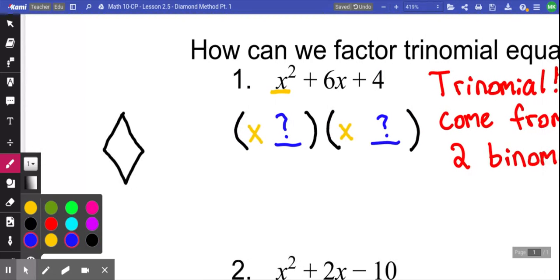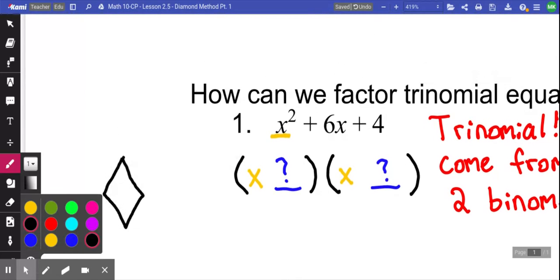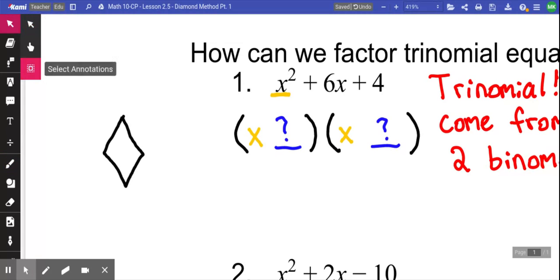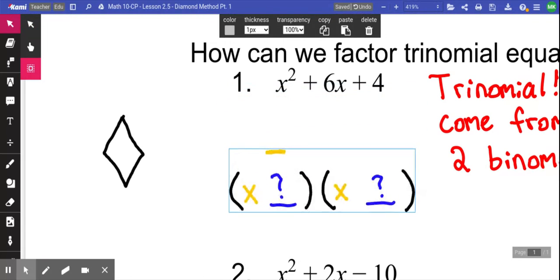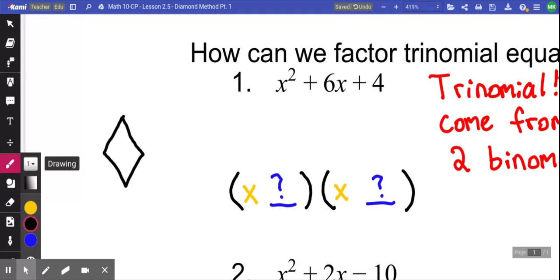The diamond method is how you're going to figure out what should go in these two blanks. To be able to perform the diamond method, you have to know something called general form. So general form means that when you have a trinomial, like we have here, that trinomial always follows something called general form. The general form looks like this. There's a value, which we call a, in front of your x squared.